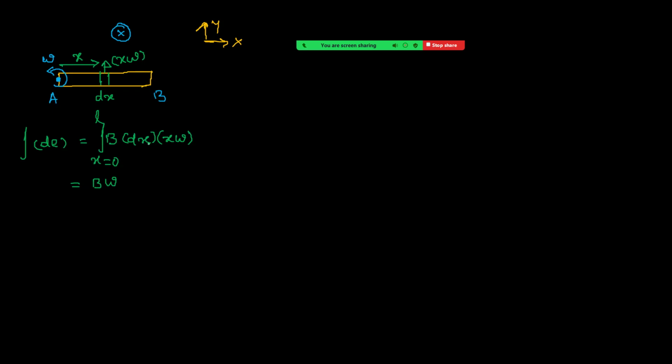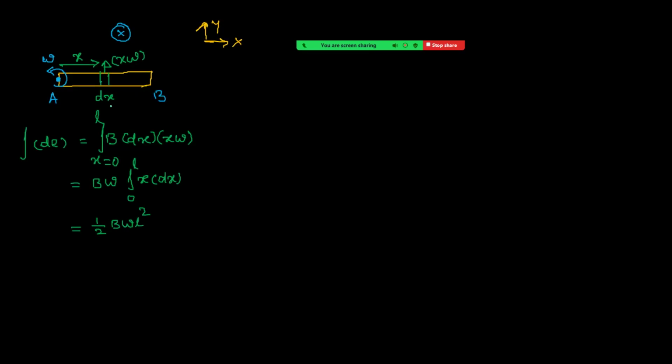Remaining is the integral of x dx from 0 to L, which is x square by 2. Taking limits, it is half B omega L square. This is the EMF induced across the ends of the rod.